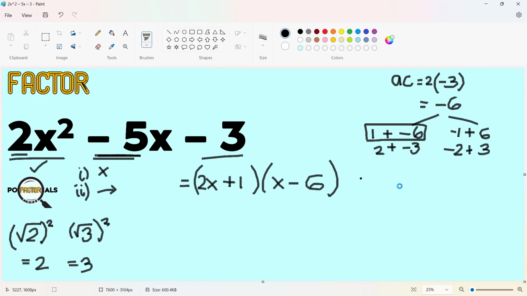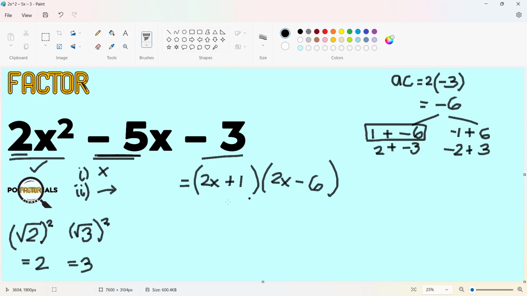So here's my suggestion. After you're done getting the identified coefficients that will satisfy the condition of the AC method, let's just put 2x in this case and 2x here. Don't worry that when you multiply it, it will result to 4x squared because later there's something that should still be done. So you have 2x and 2x, and you place now the coefficients plus 1 and negative 6 here.